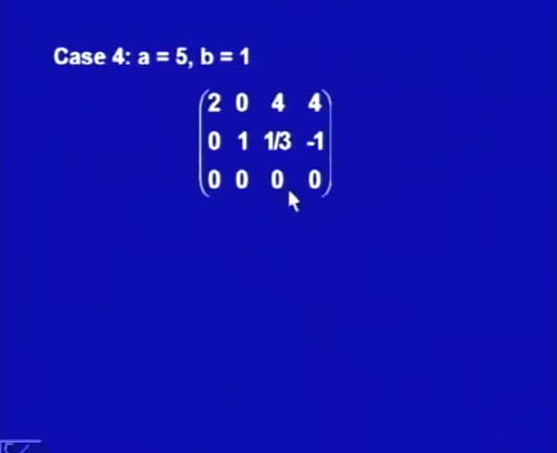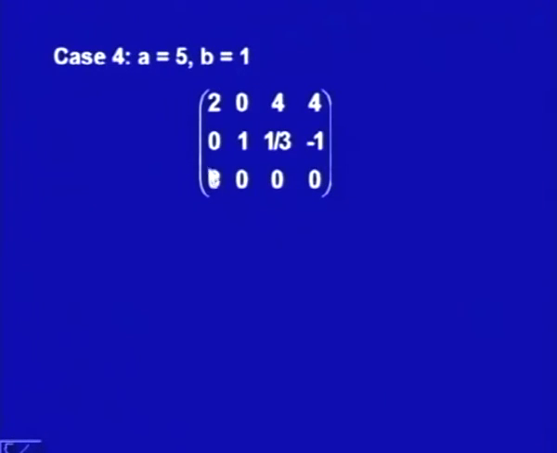That means the rank cannot be 3 because this determinant will be 0. Rank cannot be 3. And if you consider this to be 0, then this augmented matrix also will not have rank equal to 3. So, the rank of the augmented matrix will also be less than 3.